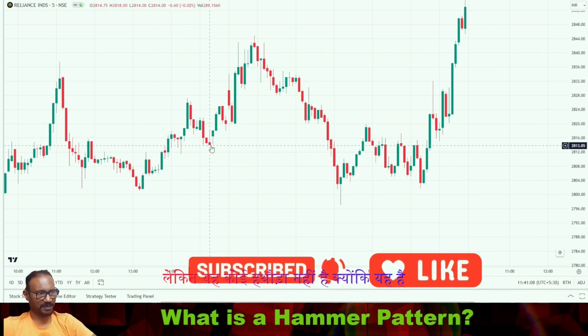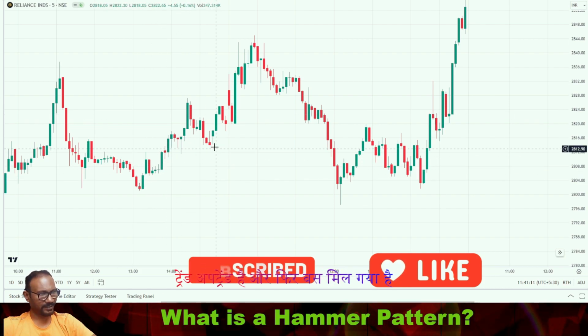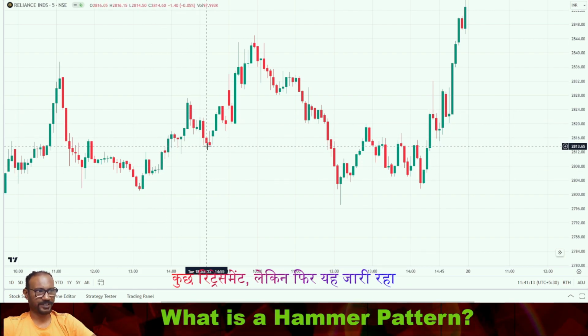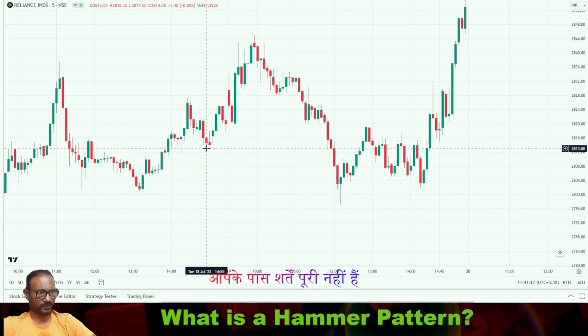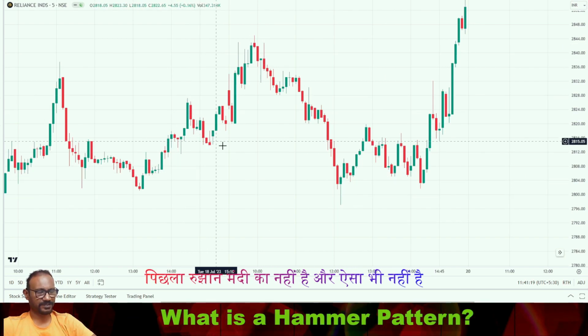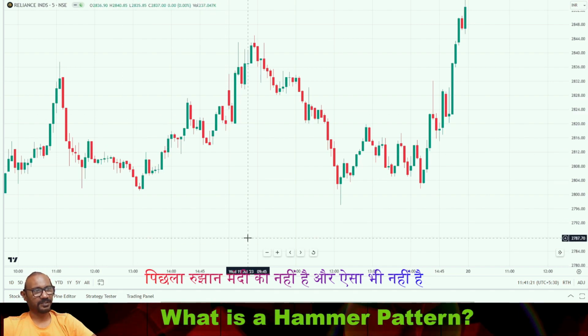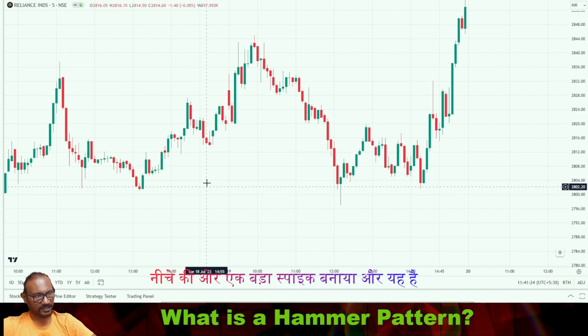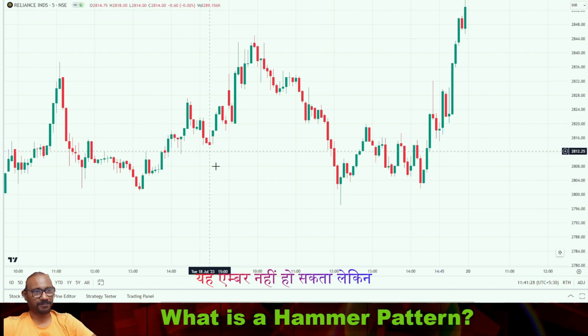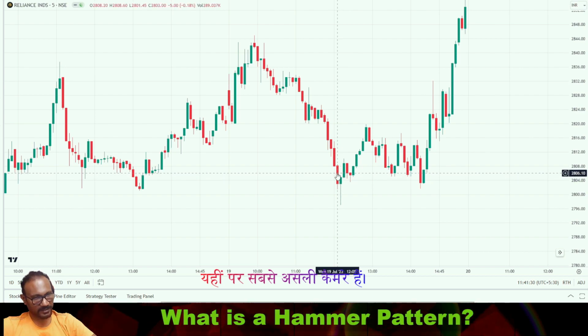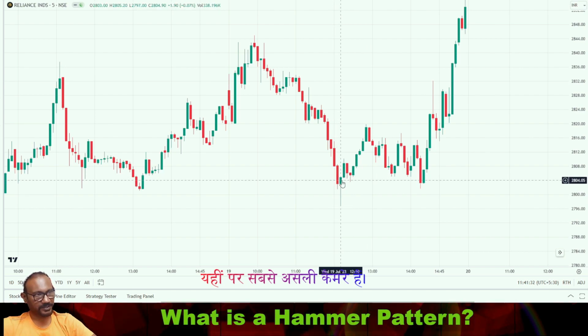But this is not a hammer because the trend is an uptrend and it has just got some retracement, but then it continued to rally up. So again, you don't have the conditions met. The previous trend is not bearish, and it has not made a large spike on the downside, so this cannot be a hammer. But here is where the most genuine hammer is. Look at this.